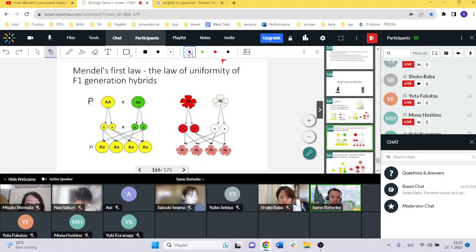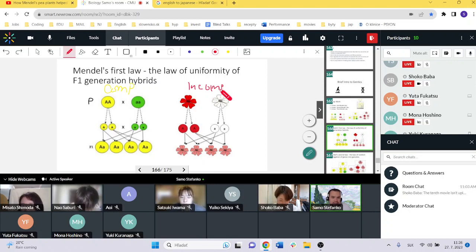On this side as well, to remind us, I will use a different color. On the left side we have complete relation between alleles, on the right side, incomplete.